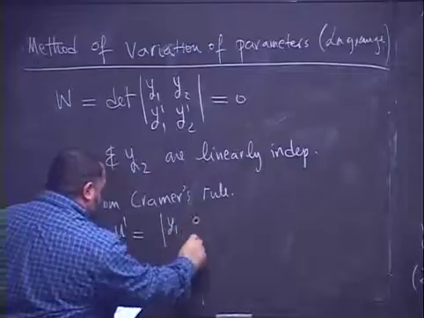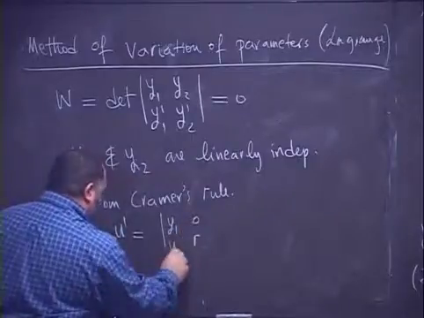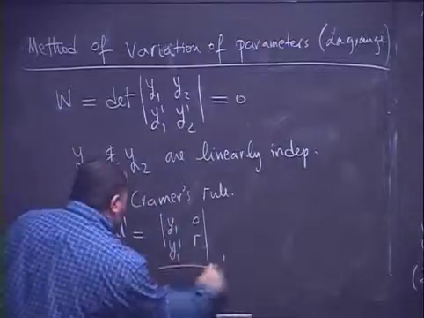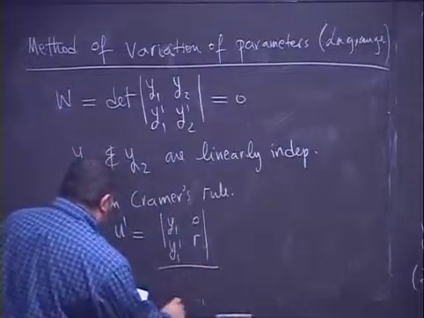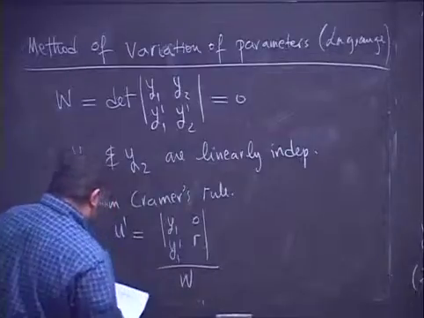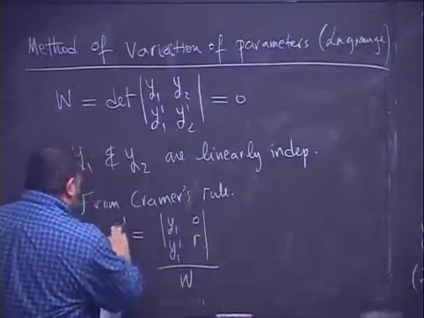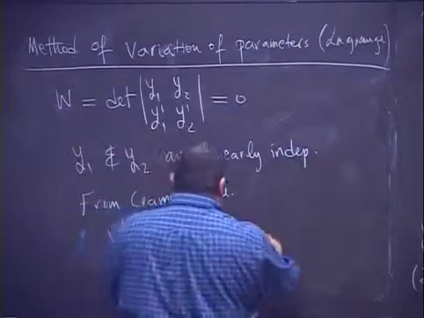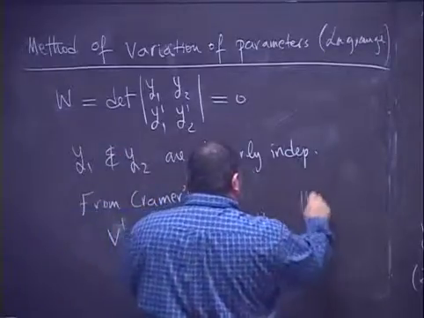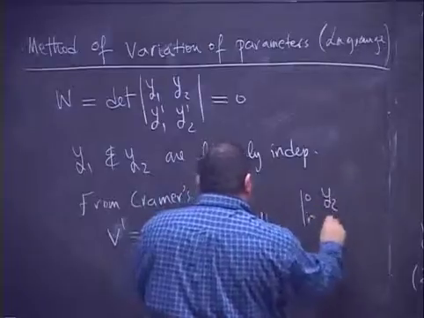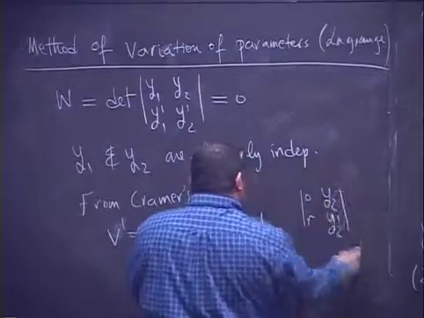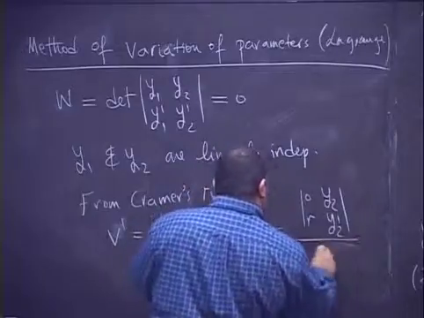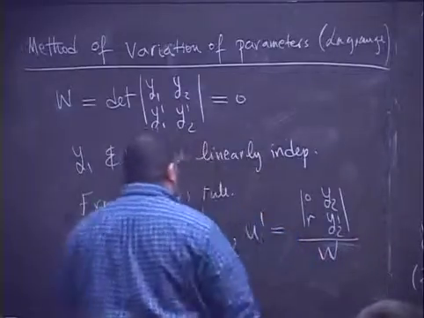Y1 0 R Y1 prime. If you return back to your matrices divided by this is V prime, and U prime is just equal to 0 Y2 R Y2 prime divided by omega.